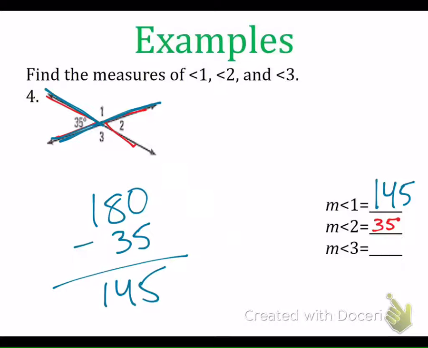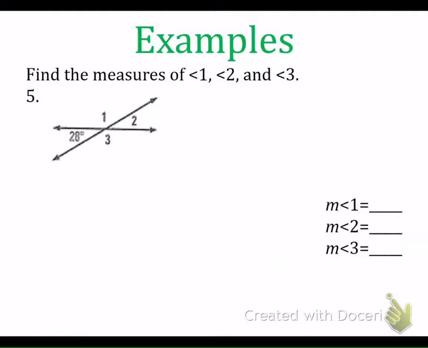They're congruent. So if angle 1 is 145, the measure of angle 3 is also 145 degrees. What are your questions? Once again, on number 5, there is one we know right away. The measure of angle 2 is 28 degrees. Good.